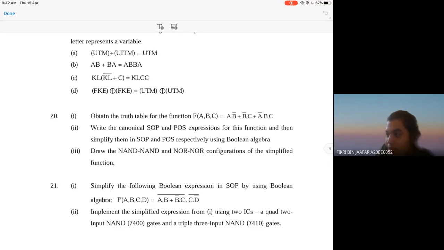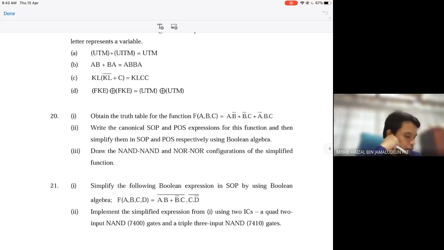On question 20, number 2. Obtain the truth function. Write the canonical SOP for this function, and then simplify them in SOP and POS separately using Boolean equations.